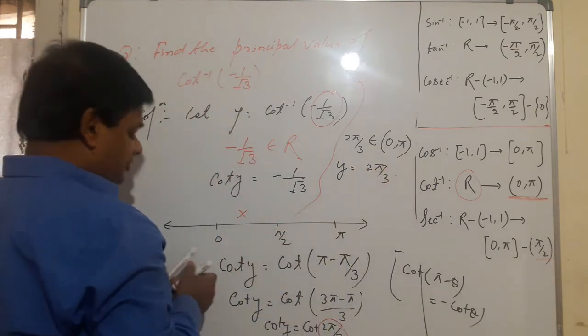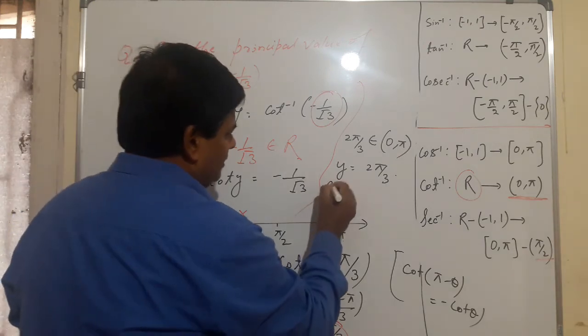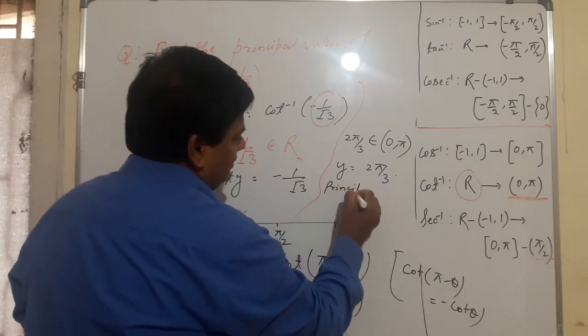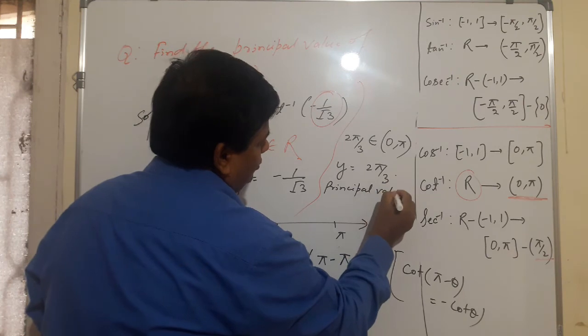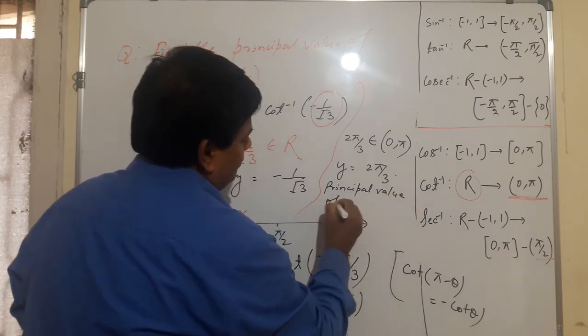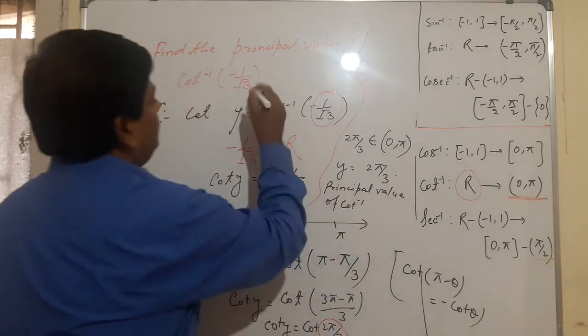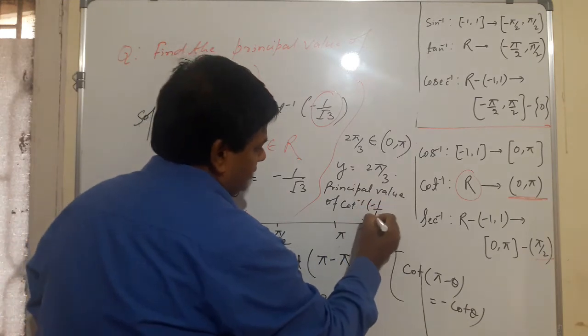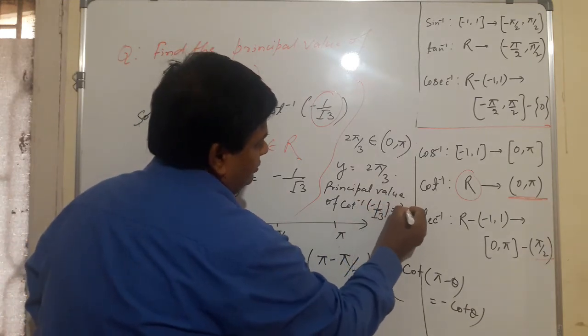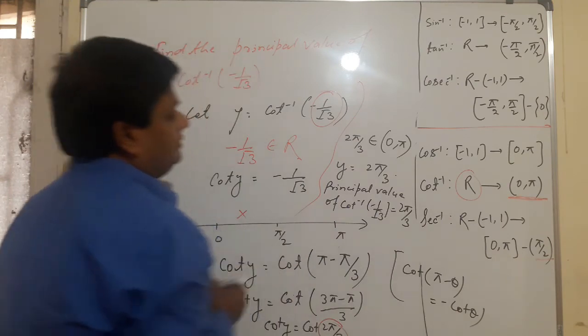So the principal value of cot inverse minus 1 by root 3 is equal to 2 pi by 3.